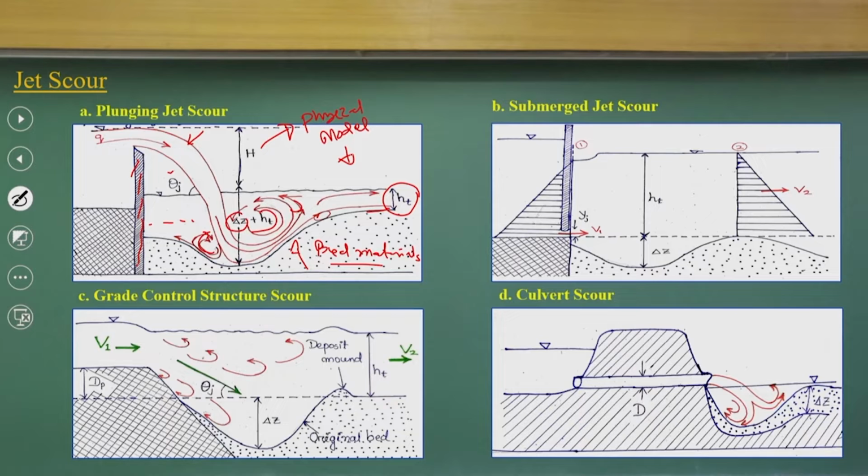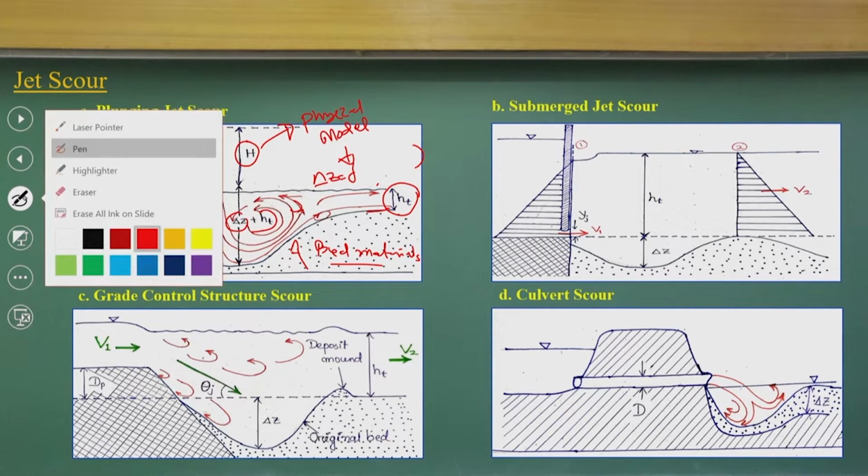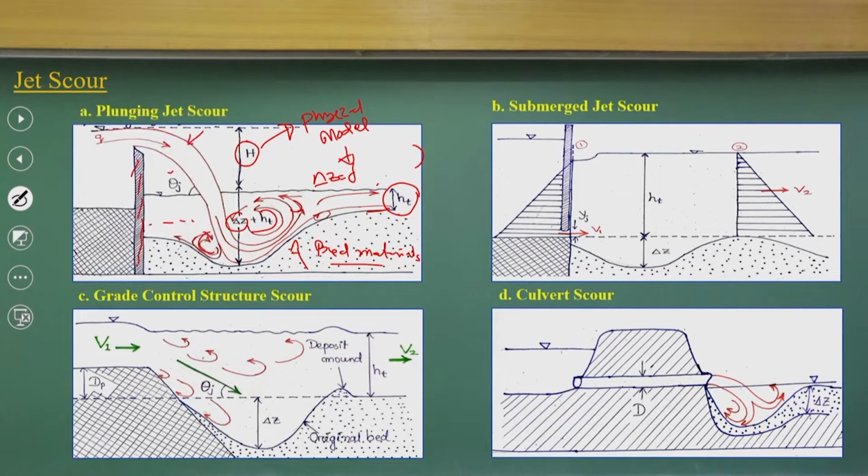We try to establish the relationship of delta jet as a function of all these parameters. That is what we look at here.